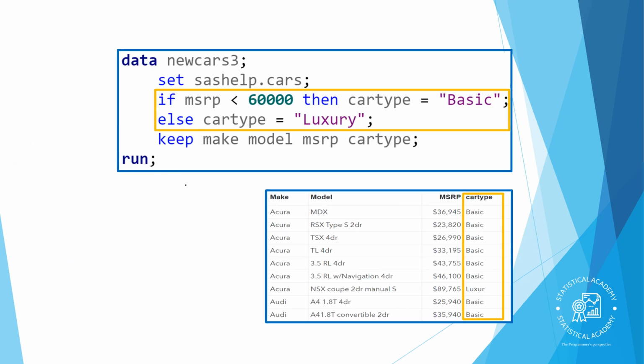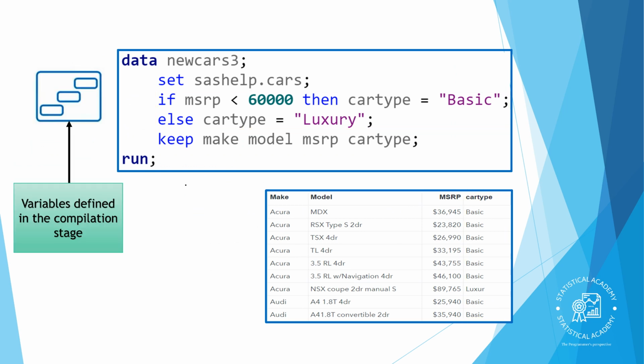You can also use conditional processing to create character variables. Remember that the variables in an output dataset are defined in the compilation phase of the data step. When SAS reads through the code, the first occurrence of a variable defines the name, type, and length of a variable. SAS is not processing the conditional logic when it compiles the code.